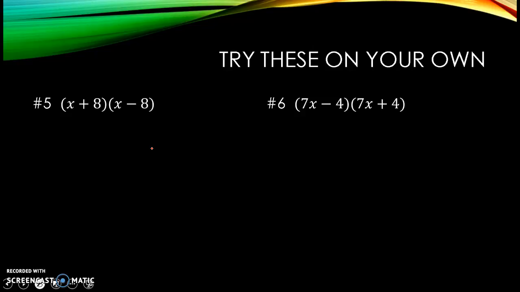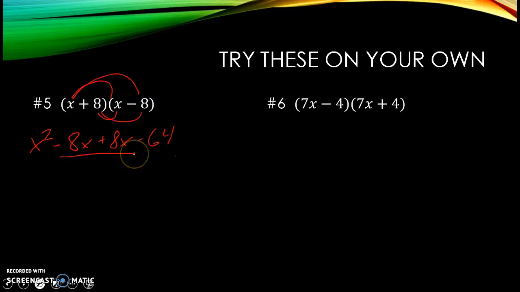Hopefully you've done that. Here is what you should have had for number 5. We're going to have x times x is x squared. X times negative 8 is negative 8x. Positive 8 times x is 8x. Positive 8 times negative 8 is negative 64. My middle terms will cancel themselves out, and I'll have x squared minus 64.